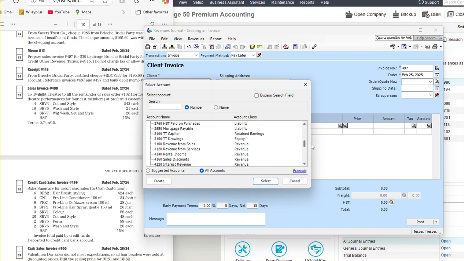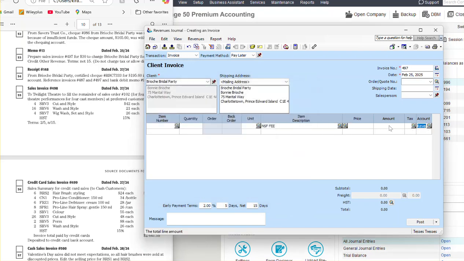So we're talking about a revenue account. You could charge to the other, is it other revenue? Oh yeah, other revenue. The amount is $30. There's no 210 for them. And the amount is 30. I'm trying to put the amount, and it is not letting me do the $30.